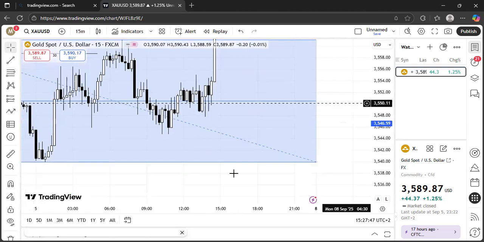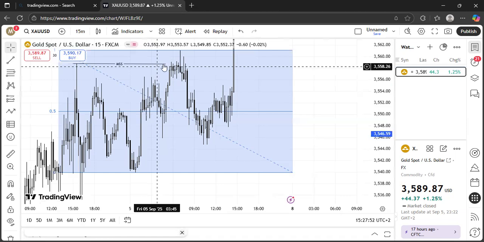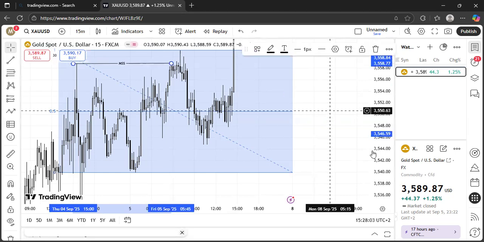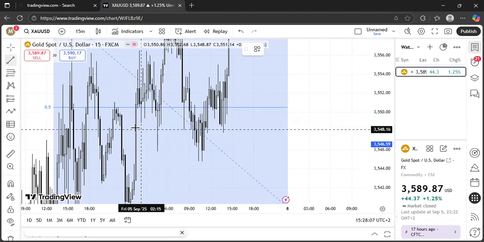So this is how it looks on the 15-minute time frame. There we have it. Let's mark out our imbalance. We have our imbalance right here.